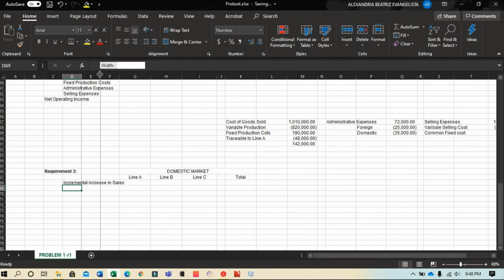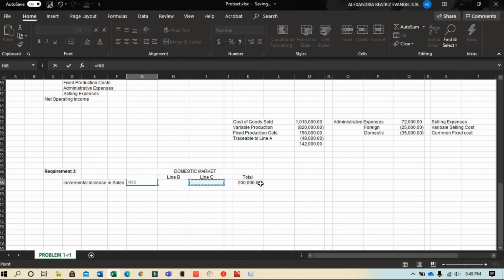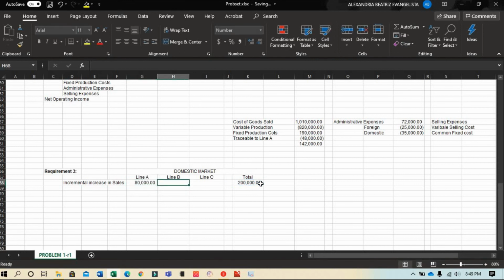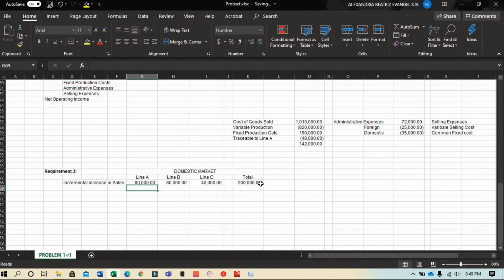So the incremental increase is $200,000, and we're just going to multiply the allocation of this increase, which for line A is 40%, for line B it is as well 40%, and then for line C it is 20%. There you go. So for line A, its incremental increase would be $80,000. For line B, the incremental increase would be $80,000, and for line C, it is $40,000.